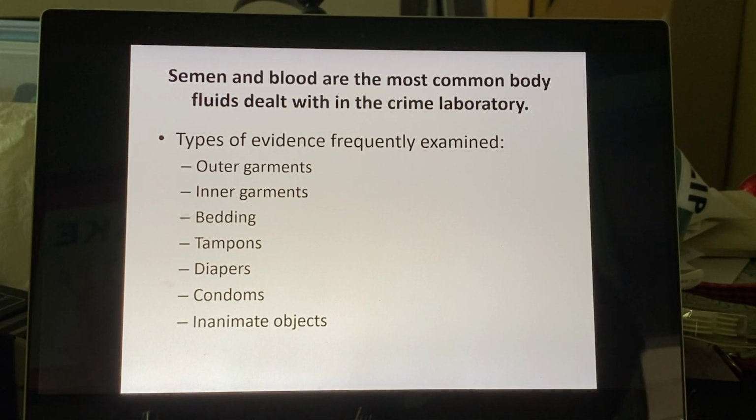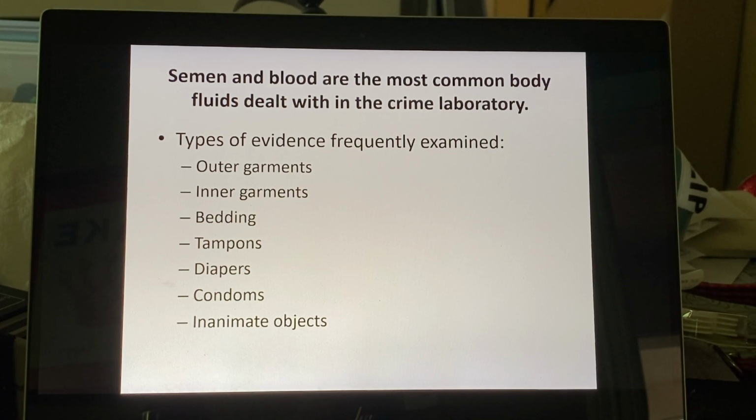Okay, so the types of evidence, once again, we've talked about how anything can be physical evidence. So obviously anything can have semen deposited on it. But if you were to look at the most frequently seen types of evidence that have semen on them, a sexual assault evidence collection kit, which is collected from a victim who goes to the emergency room and says, I was sexually assaulted, and that contains swabs of the victim's orifices.